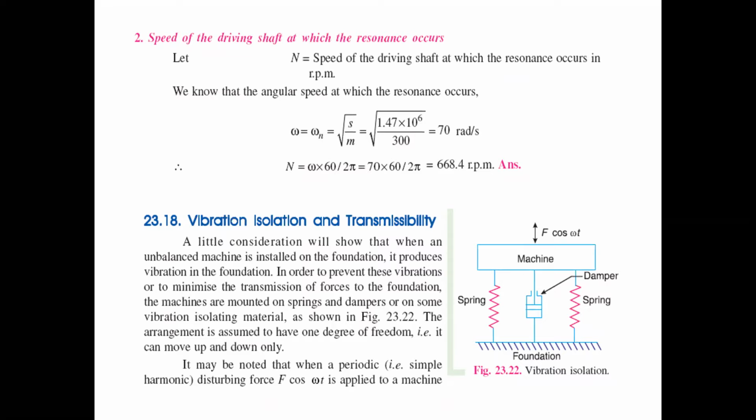If we place it directly down, we will get more noise and vibrations, and that is one of the disadvantages. When more noise is produced, the working environment will be tough. So that's why they arrange it to be mounted on springs and a damper.